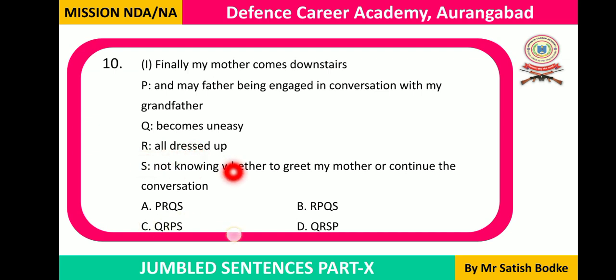So our sequence should obviously start with R. And my father, being engaged in conversation with my grandfather, becomes uneasy, not knowing whether to greet my mother or continue the conversation. So our sequence is RPQS, and RPQS is option B. So our answer is option B.